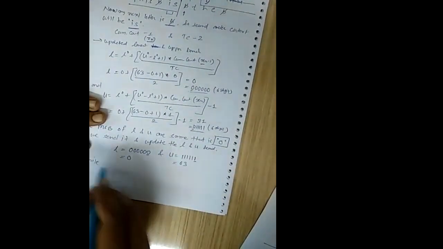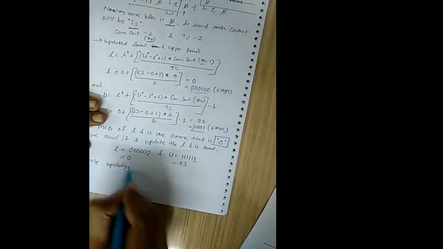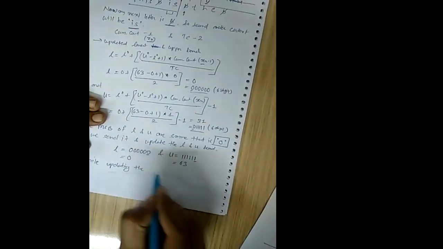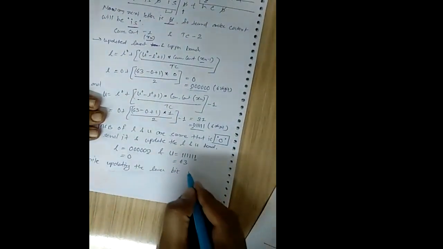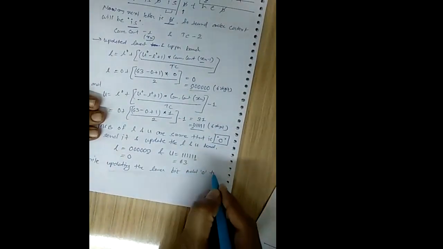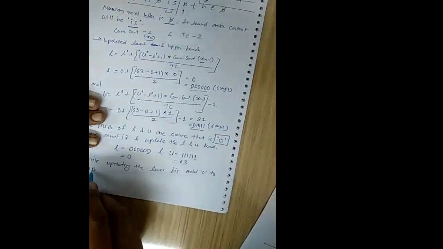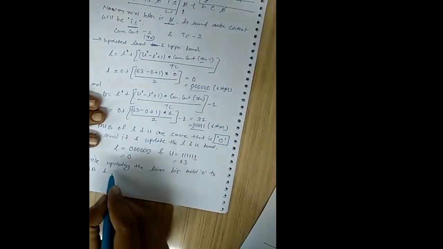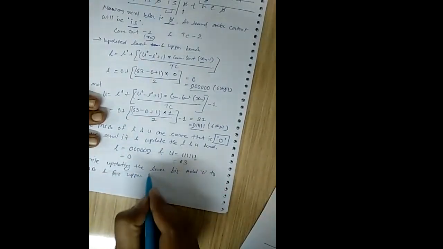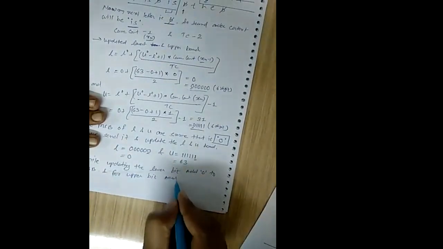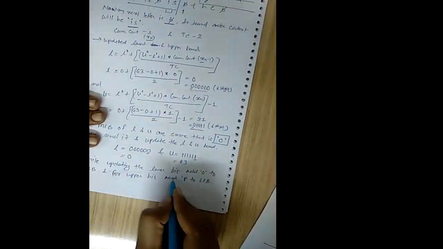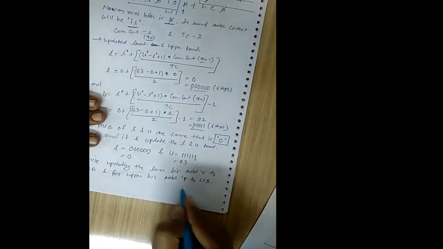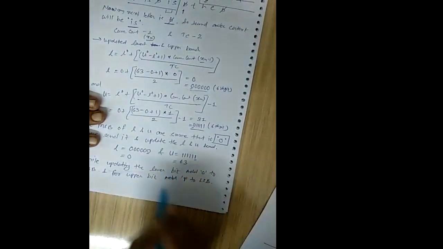So while updating the lower bit or lower bound, add 0 to LSB, and for upper bit, add 1 to LSB. Okay, so this is my procedure to update the lowest bound and upper bound.